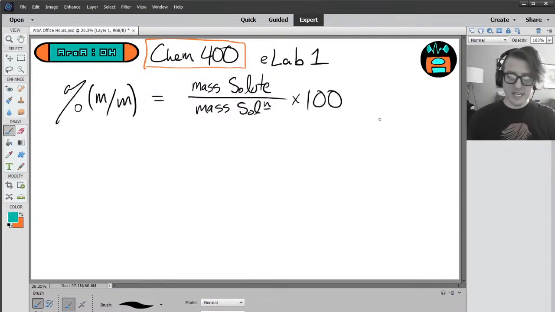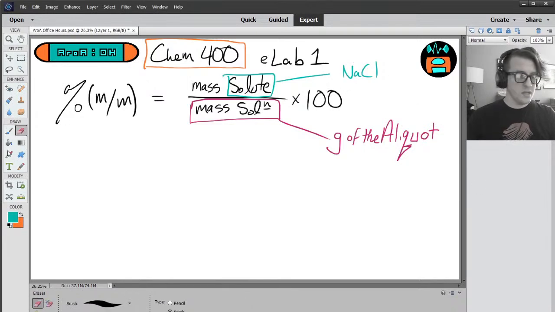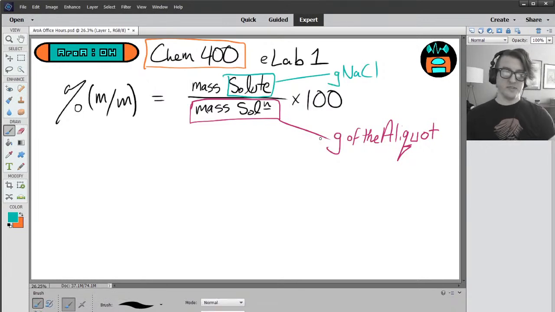Now, in this instance, our solute is sodium chloride, and the mass of our solution right here is the grams of the aliquot. And just to be a little more explicit, our mass will be grams of sodium chloride.